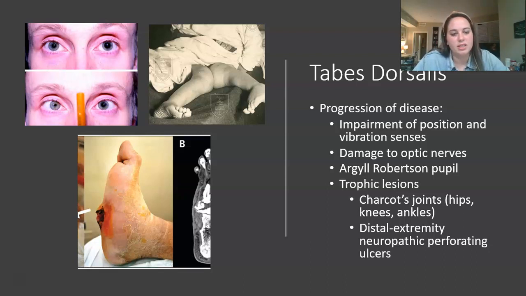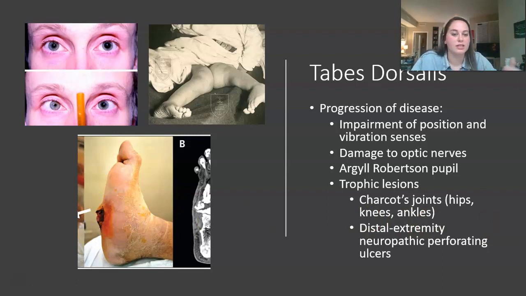Trophic lesions, such as Charcot's joints, are progressive degenerative disease of the joints, and they can be caused by nerve damage. And distal extremity neuropathic perforating ulcers, which is seen in this bottom image.